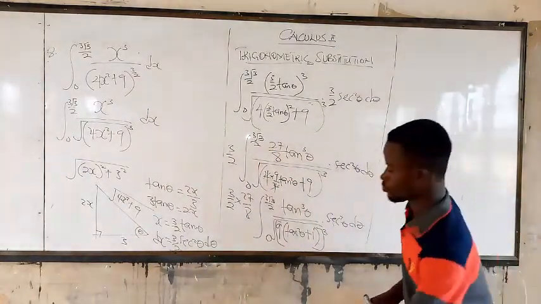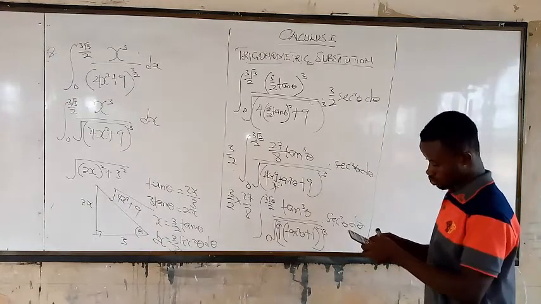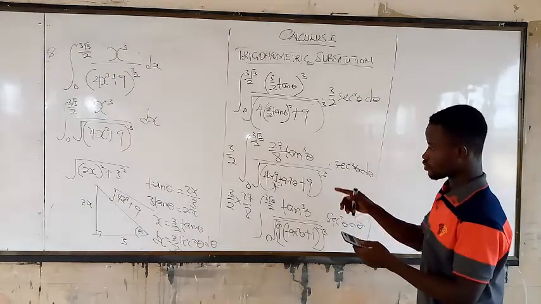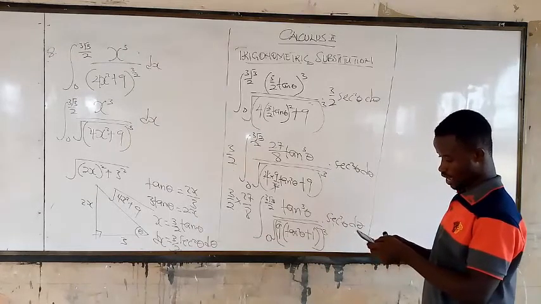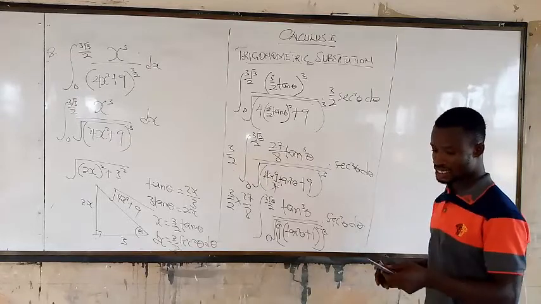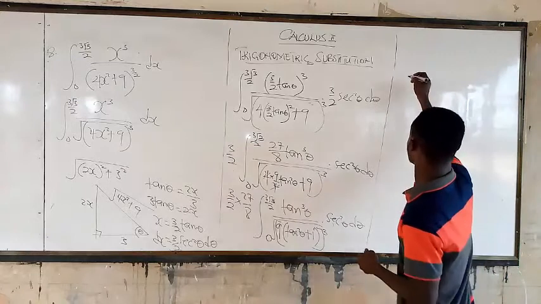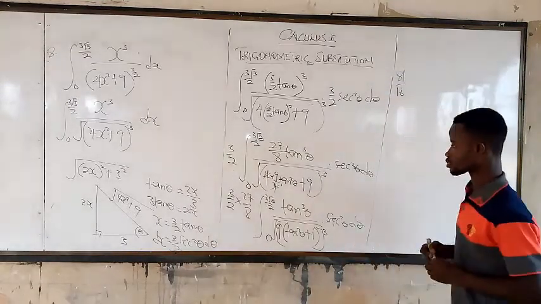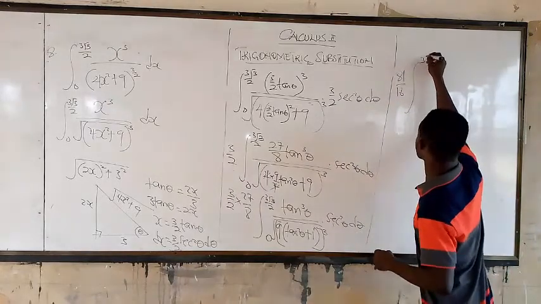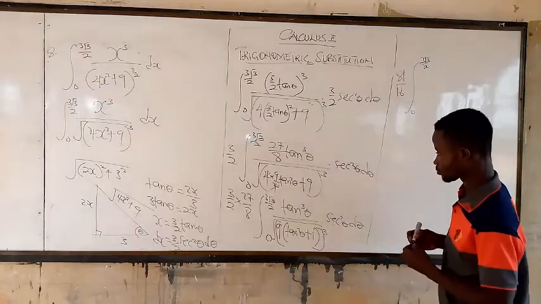Watch. So 3 over 2 times 3 over 2 times 27 over 8. You get 81 over 16. Okay, so we get integral of 3 root 3 over 2, here is 0.